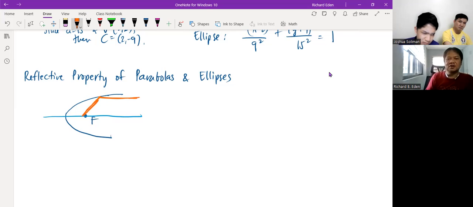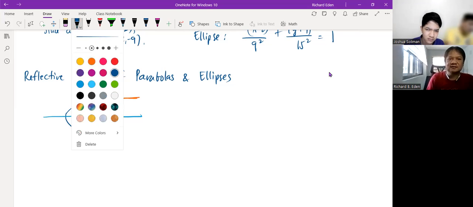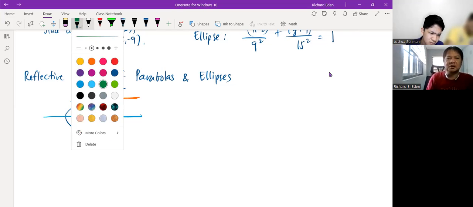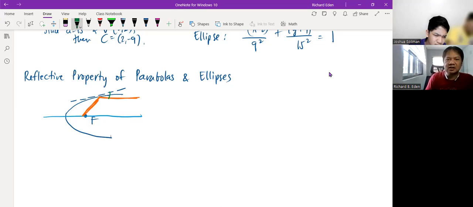Okay, so why is that? Kailangan natin ng tangent. Actually, the argument is the angle here, alpha, and then the angle here.